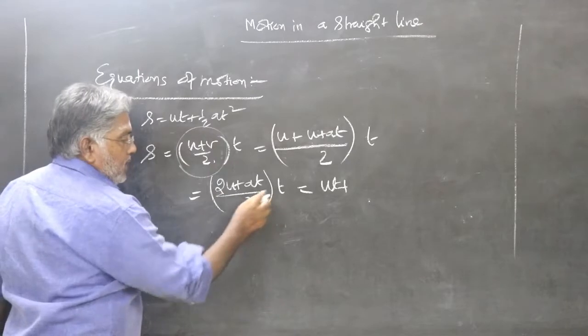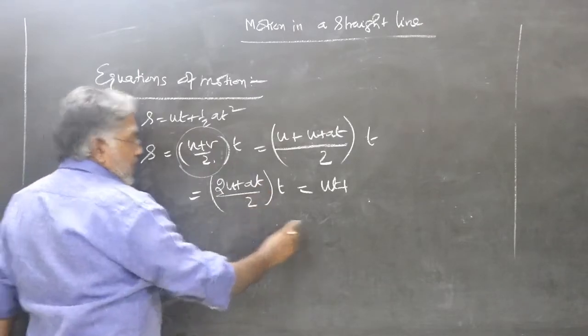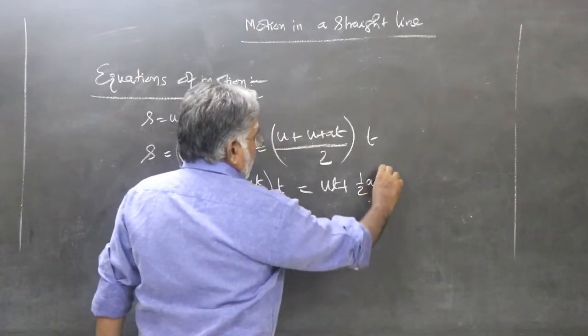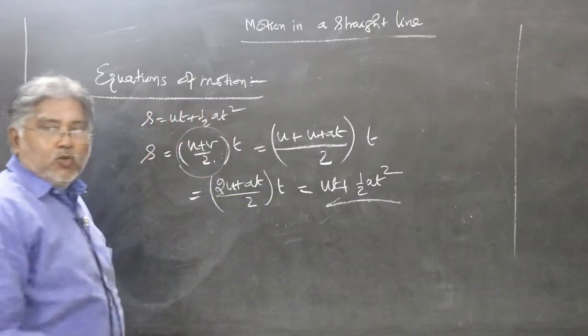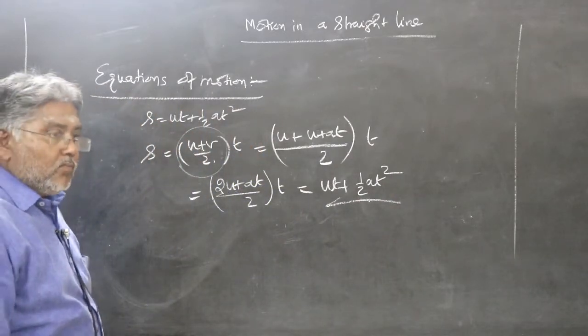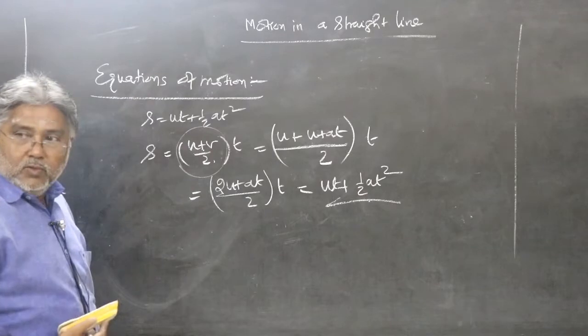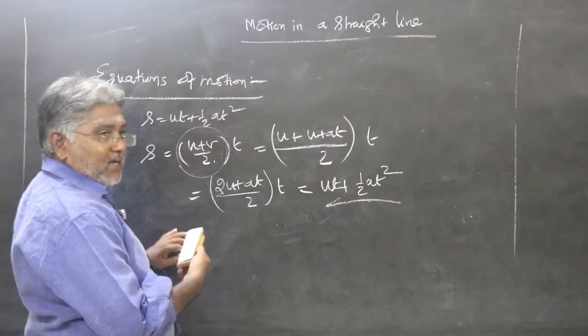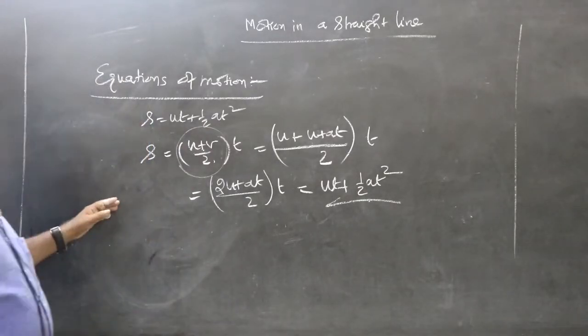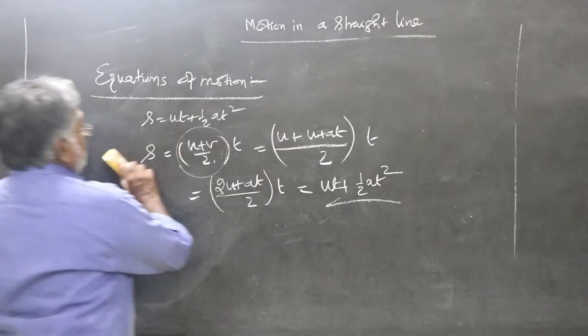Then AT by 2 into T, half AT square. So S is equal to UT plus half AT square. You can even derive it by other methods, but this is the algebraic method.